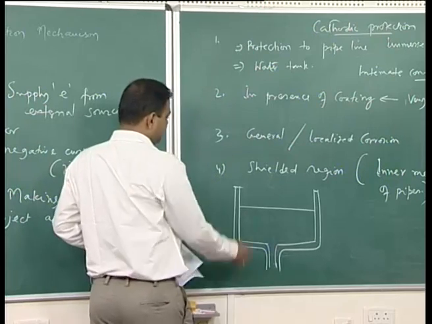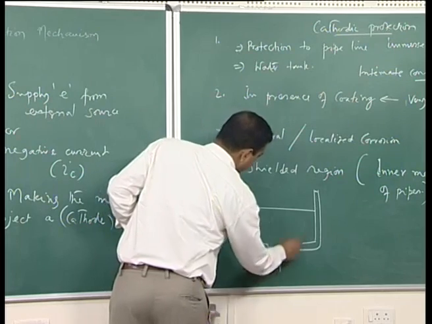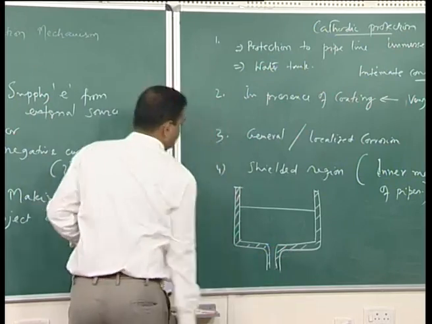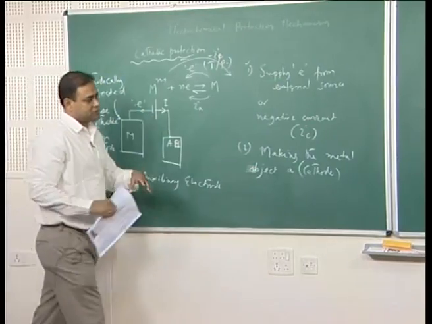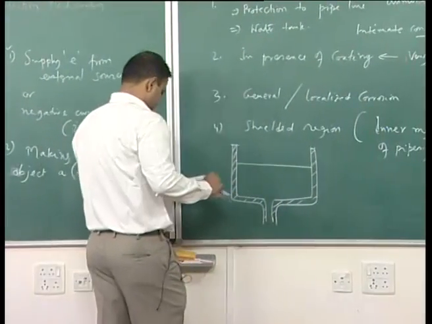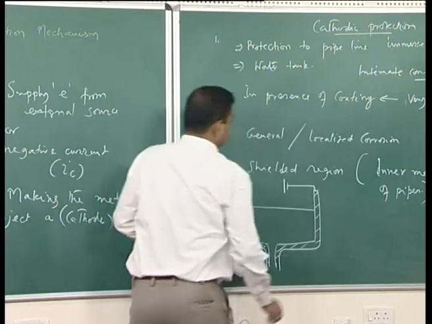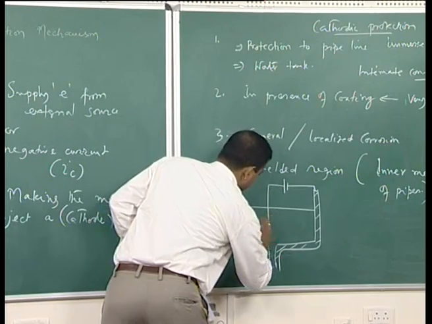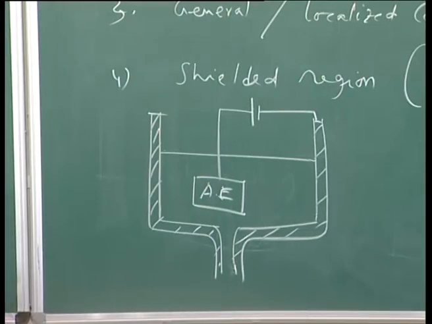So, if we would like to protect this metallic object from corrosion, we will connect it to the negative terminal of the power source, and we will also have an inert auxiliary electrode. The positive terminal is connected to the inert auxiliary electrode.